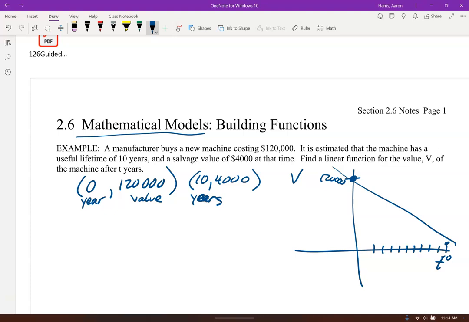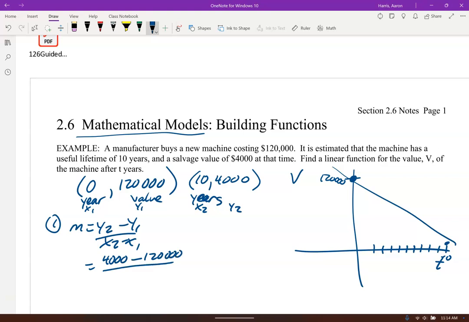So find the value. Well, to write an equation of a line, number one, we need the slope. So here's my x1, y1, x2, y2. So y2 minus y1 over x2 minus x1.